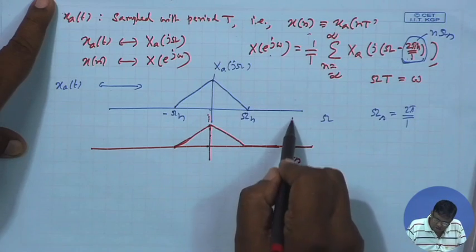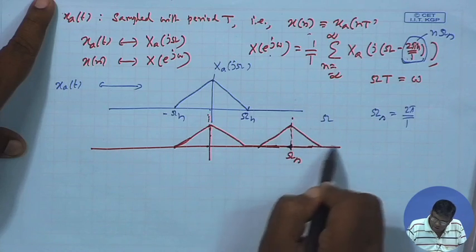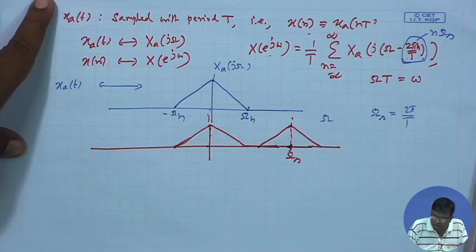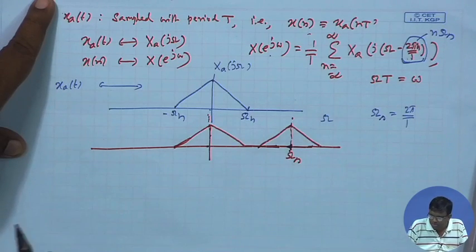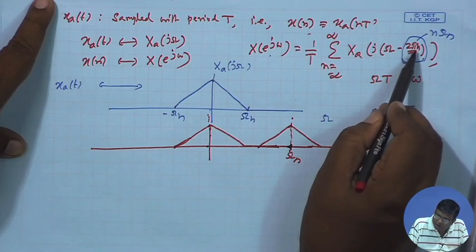So, maybe it is like this. I choose this capital omega s to be sufficiently far, so that this does not overlap with this, but if omega s is not sufficiently far to the right, they will overlap. For the time being, I am not considering that situation. Then n equal to minus 1 also you can take.